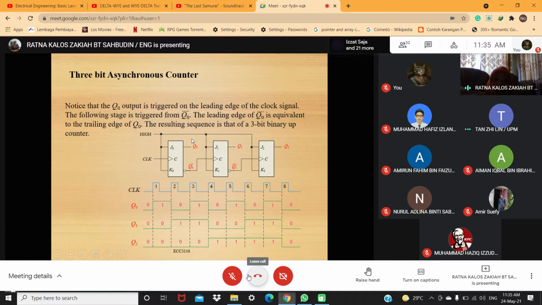You mean Q naught here connected to the clock? You can connect this to here, but you look at the edge differently. It will become the leading edge of Q naught. The Q1 will depend on the leading edge of Q naught.